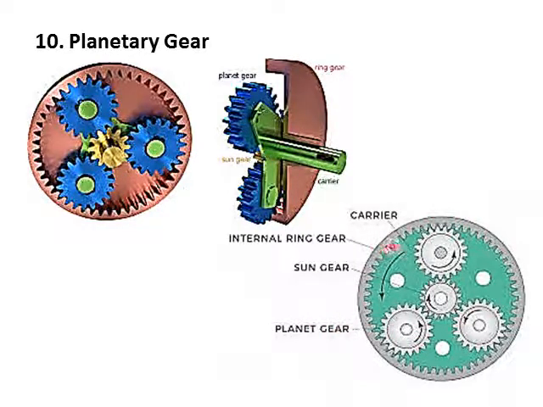The bigger gear which has internal teeth is referred to as the internal ring gear, and this whole assembly is named the planetary gear.